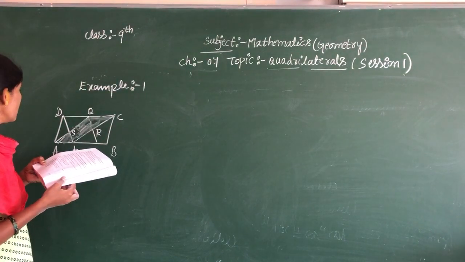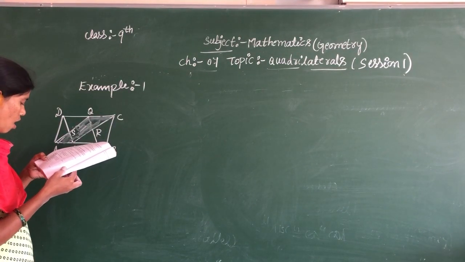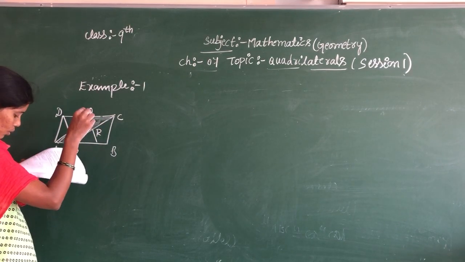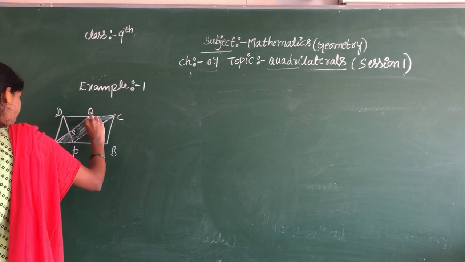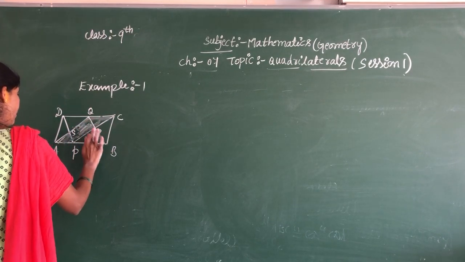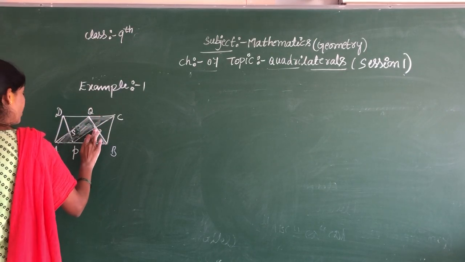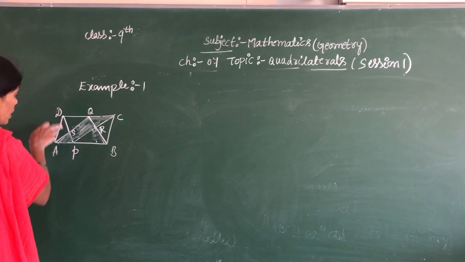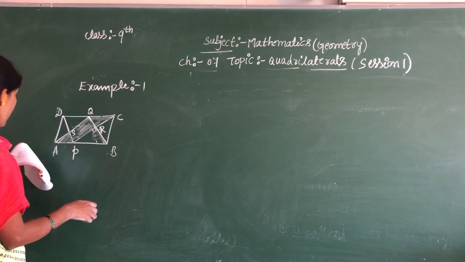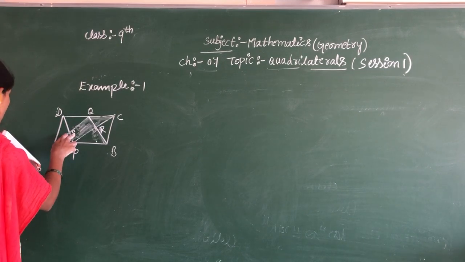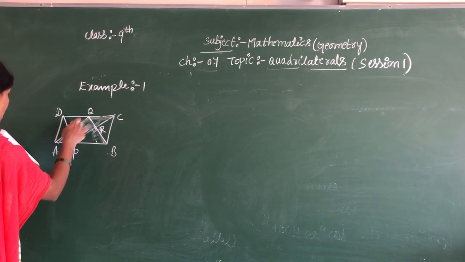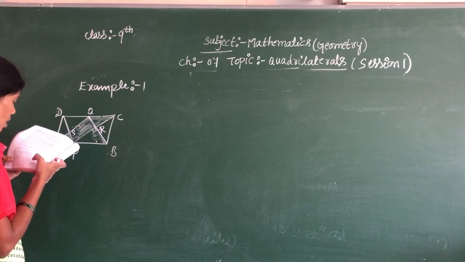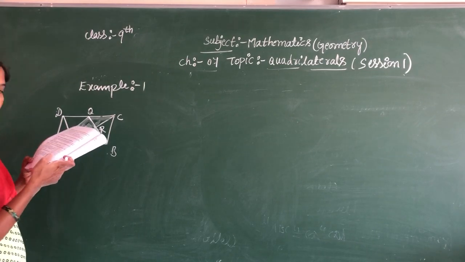And DP is joined here. DPBQ is a parallelogram. Next, PSQR is a parallelogram. Yes, isn't it?